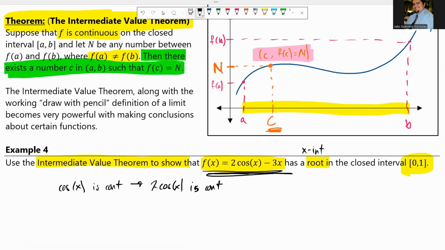Whoops, did it wrong. Over here, I'm going to do minus 3x continuous. Both of these together tell me that f of x, because it's the difference between these two, f of x is continuous.